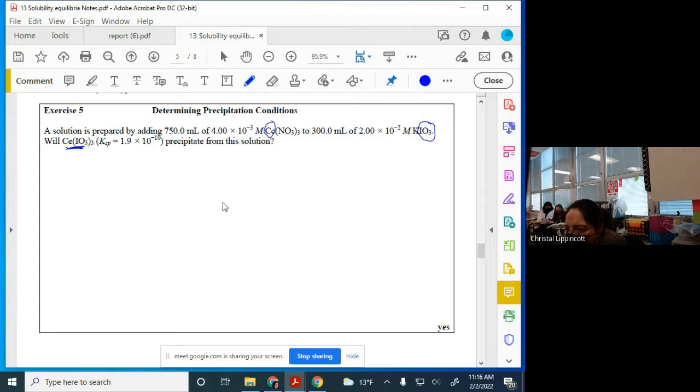So for this one, I'm going to figure out my moles over here of this material. I'm going to take my 4.0 times 10 to the negative third and multiply it by 0.750, because I need to get this into liters. Multiply these two together, and that gives you the moles of this material, which is also the moles of Ce because it's in a one-to-one relationship.